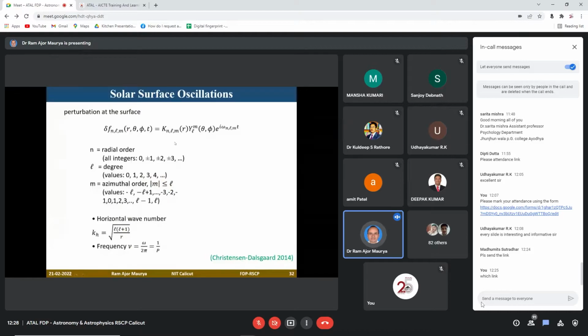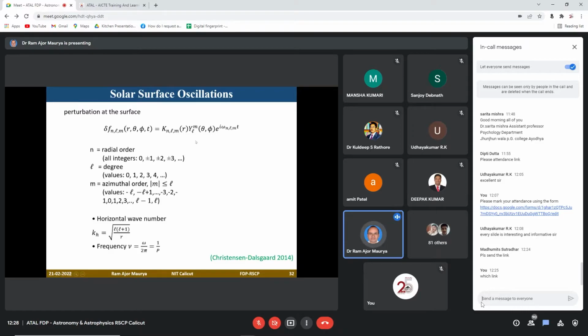So the perturbation on the surface of the sun, we can find something like this using the equations that we have seen in the beginning. We can use those equations to model the perturbation on the surface of the sun, considering the spherical shape of the sun. You find some constant here, then we have the spherical harmonics, and this is the time-dependent term.